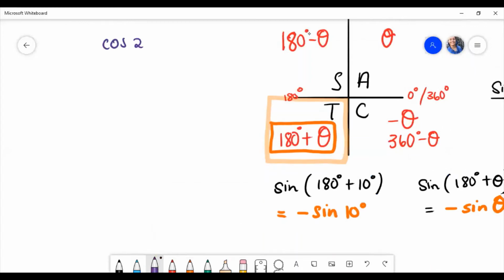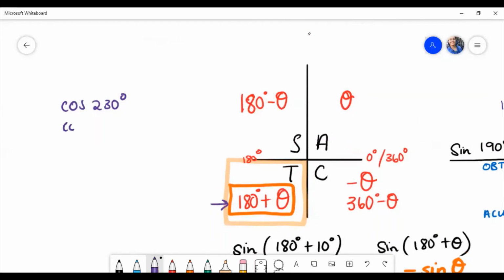of 230 degrees. Firstly, let me find where 230 degrees would exist. And once again, it's in this quadrant right here. So let me express 230 in terms of 180 plus. So you want to go to your 180 as it is the closest.